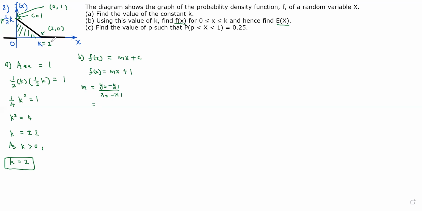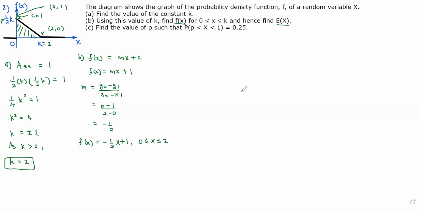Then the slope of this straight line is 0 minus 1 over 2 minus 0, which is negative 1 over 2. f(x) is therefore negative 1 over 2 x plus 1 for x in between 0 and 2 inclusive.